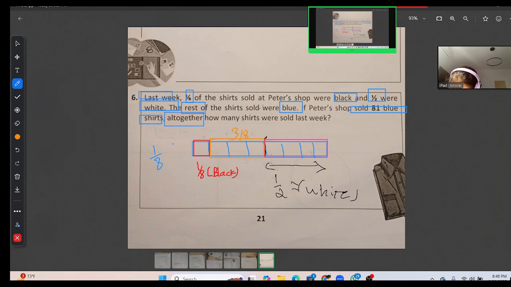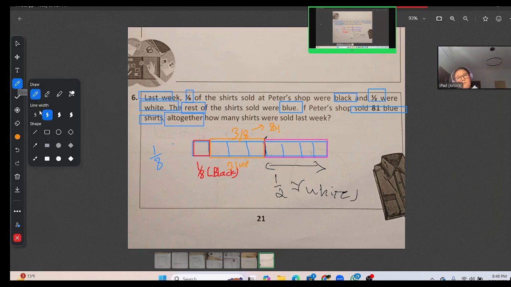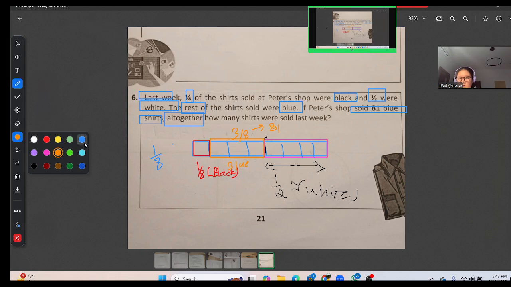And how many blue shirts are given? The number for blue shirts is given, which is 81. This much from here to here is 81, which is 3 parts out of 8.